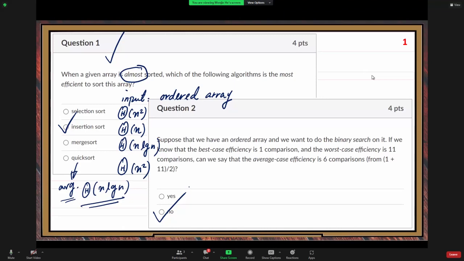We do this because best case gets weight 50%, 1/2, and worst case gets weight 50%, another 1/2, a weighted average. But for binary search, that's not the case.